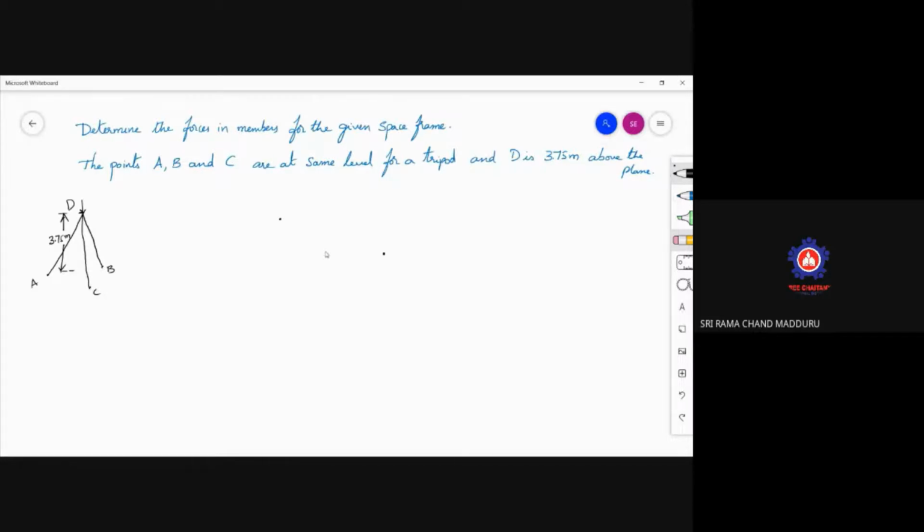Due to this force, the force in the members is to be calculated. The plan diagram of the members is given for us. I am drawing the plan of this.